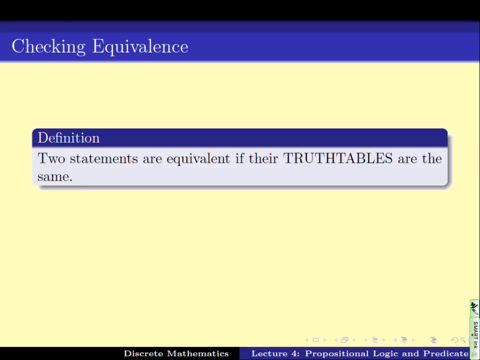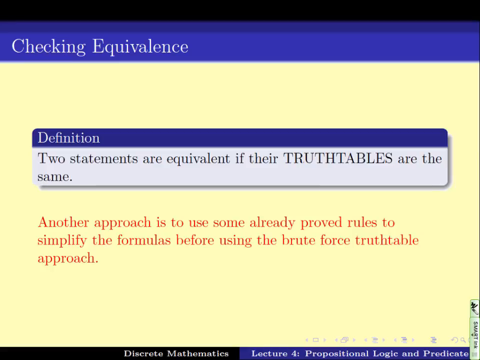There is one more way of checking equivalence. Namely, instead of using the brute force truth table approach, we can simplify the formulas using some rules.